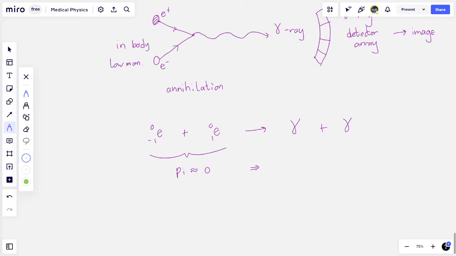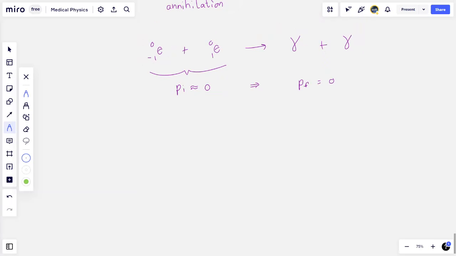Now, the conservation of momentum tells us that the final momentum of the two gamma ray photons must be zero as well. But what do we know? A single gamma cannot have zero momentum. A single gamma cannot have p equal to 0. And so two gammas must be produced.